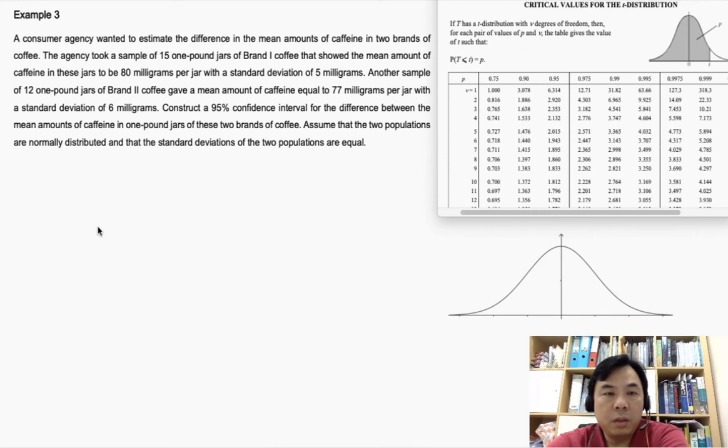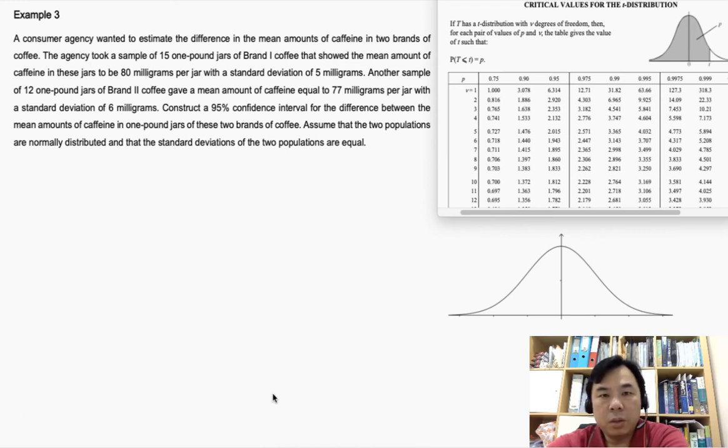The agency took a sample of 15 1-pound jars of brand 1 coffee that shows the mean amount of caffeine in these jars to be 80 milligrams per jar, with a standard deviation of 5 milligrams. Another sample of 12 1-pound jars of brand 2 coffee gave a mean amount of caffeine equal to 77 milligrams per jar with a standard deviation of 6 milligrams.